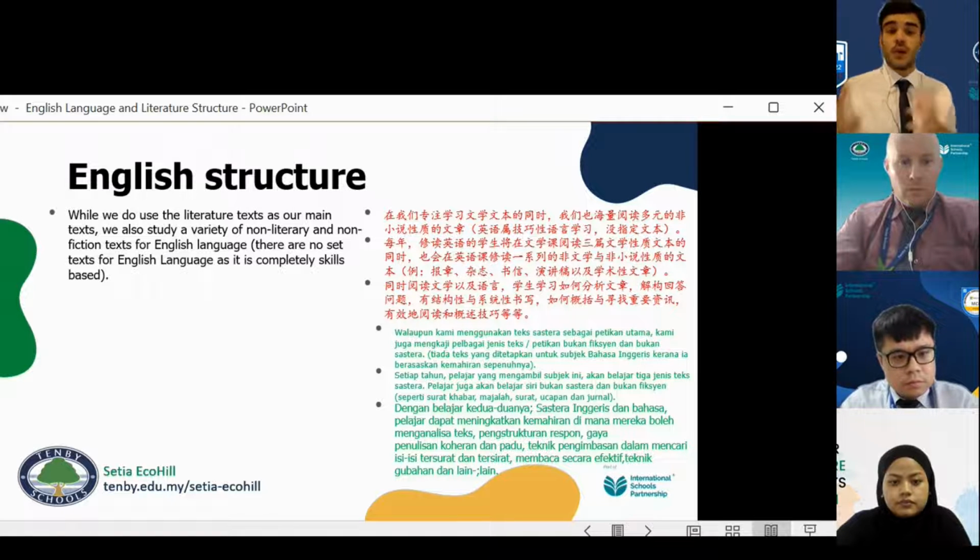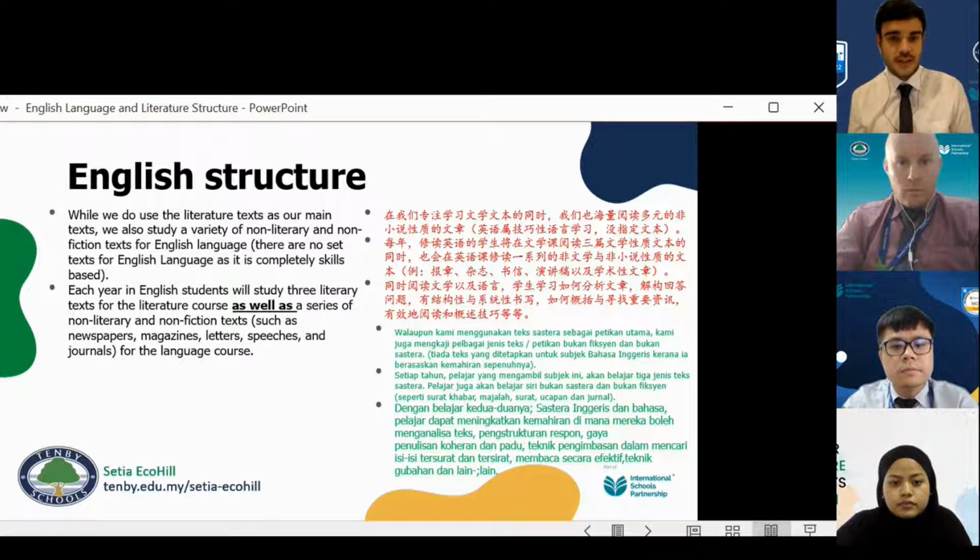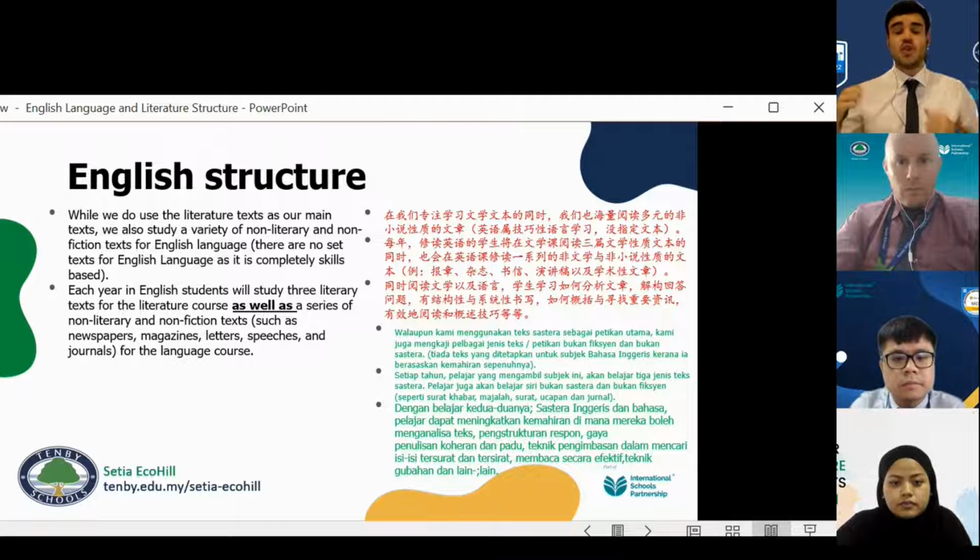Even though we focus on the literature texts, we include lots of language texts as well. Each year in English, students study 3 literary texts as well as a series of non-literary, non-fiction texts. These would be things such as newspapers, magazines, letters, speeches, journals. These are all required for the first language English or English as a second language course.